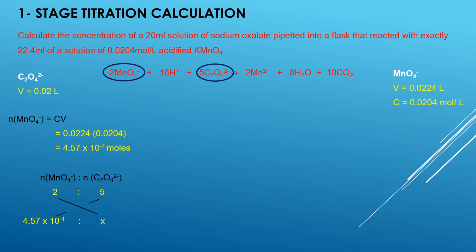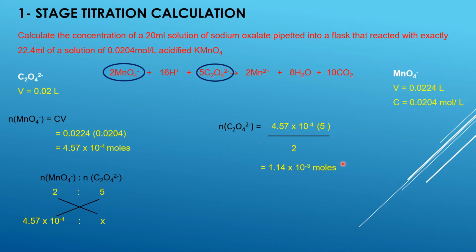So we do the cross multiplication, and when we simplify, this is what we end up with: 4.57 times 10 to the power minus 4 multiplied by 5 is equal to 2 times x. If you make x the subject of the formula, you have the whole thing divided by 2. Here we find the value of x. x is the moles of oxalate ion.